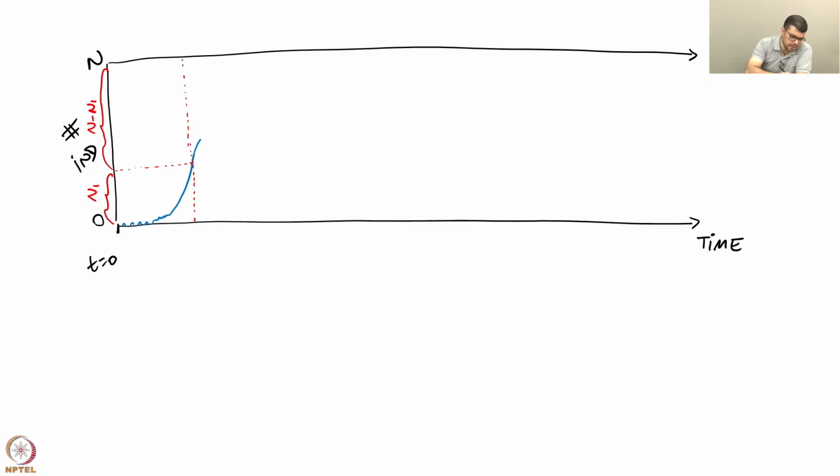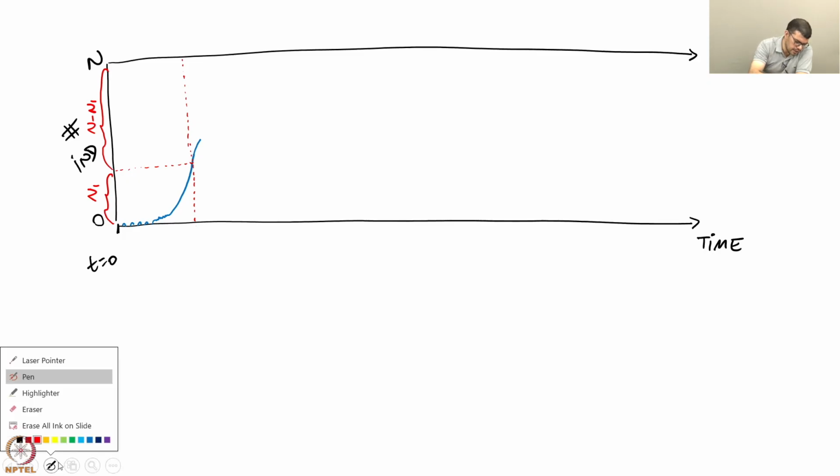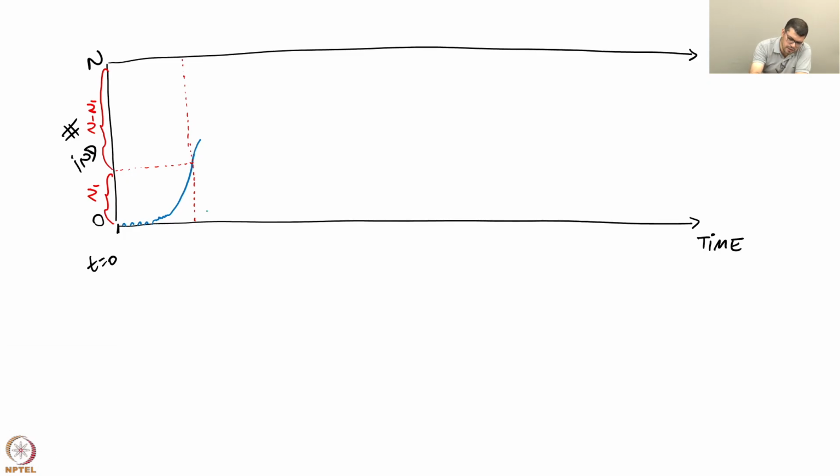But what will happen here is that an individual which is carrying a blue mutation picks up another mutation which is beneficial, and it escapes drift and it starts to go up. So, let me get rid of this.